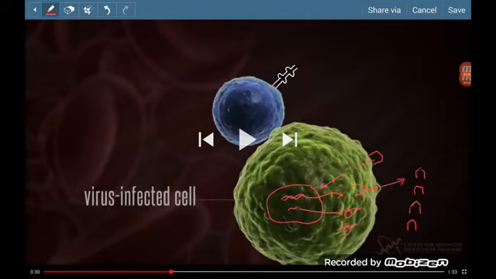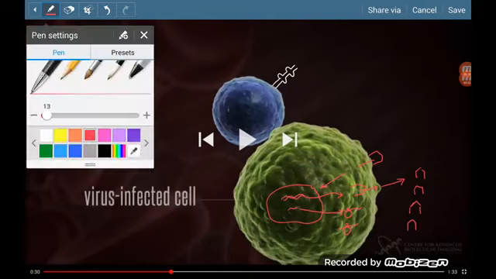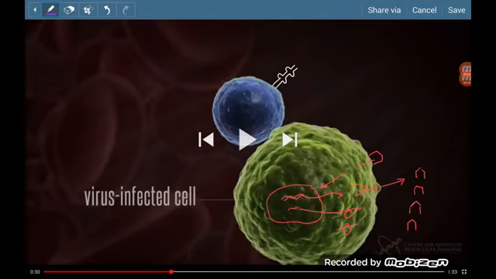Now, ordinarily, that puts the cell in some difficulty. But the ingenious nature of this immune response is that this cell, which has been infected, is capable of telling the rest of the immune system that there's something not right going on. And so what this cell will do is take these viral proteins which are being made and recognize them as non-self.